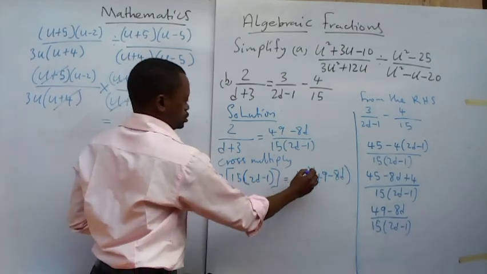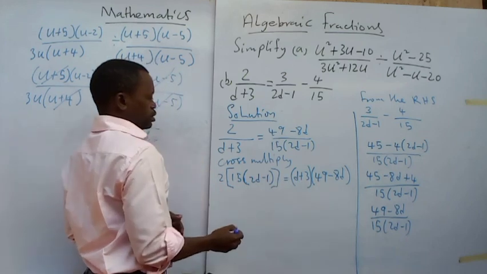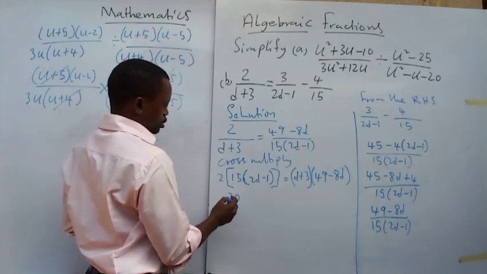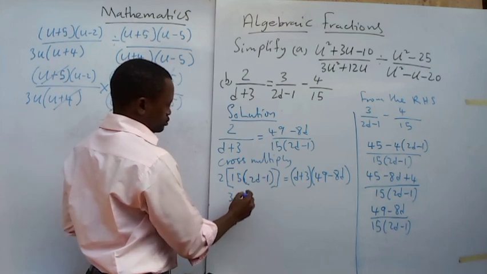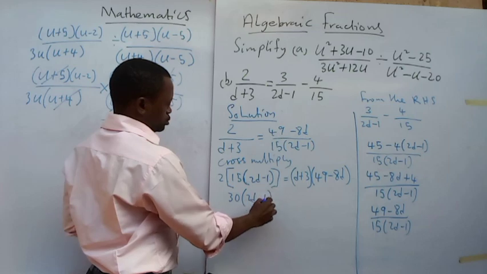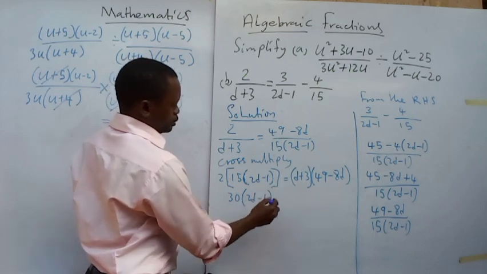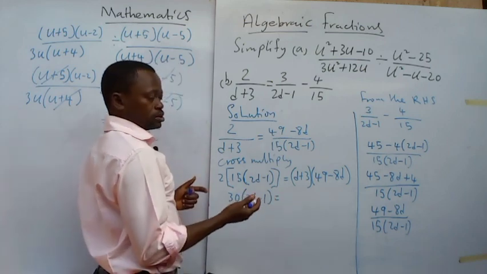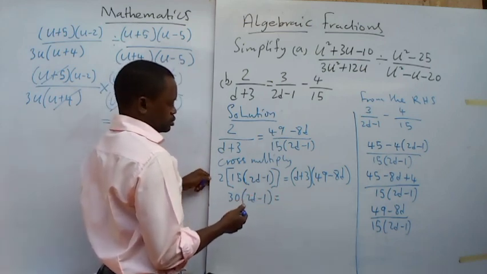So this is 30, multiplying 2d minus 1. Let me expand this side because we collect the like terms, and if it results in a quadratic equation, we also simplify that.